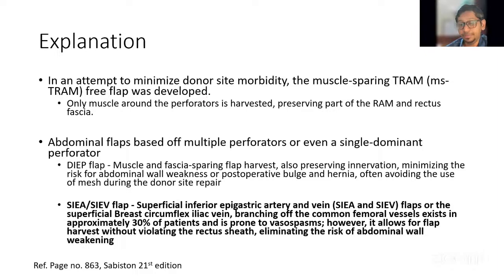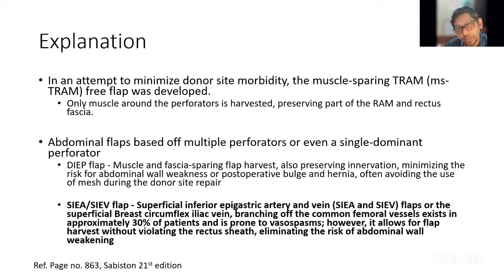Now, abdominal flaps, again, other perforator flaps can be done. So deep inferior epigastric perforator flap can be used. Again, here it is a muscle and fascia sparing harvest, so you preserve the innervation, but however you may still need to dissect deeper into the muscle. Whereas with a superficial inferior epigastric flap, the advantage is that the flap harvest is easier. You don't have to violate the rectus sheath.